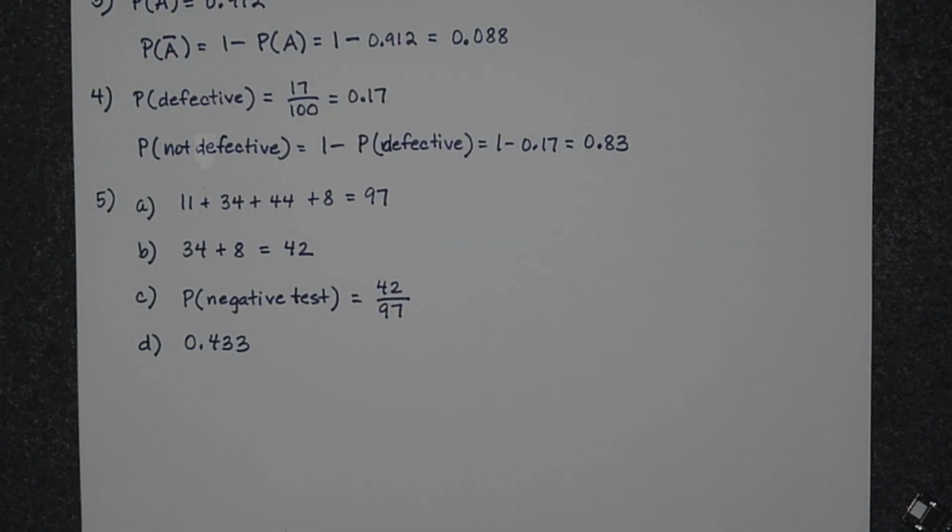Okay. So in decimal form, that would be the probability of randomly selecting a response with a negative test result. Okay, questions on problem number 5.